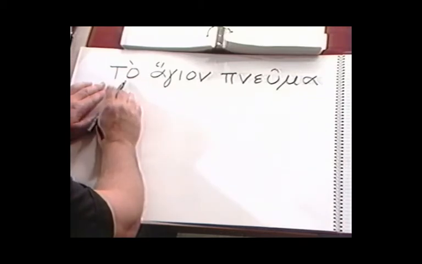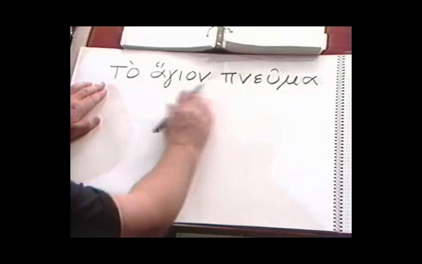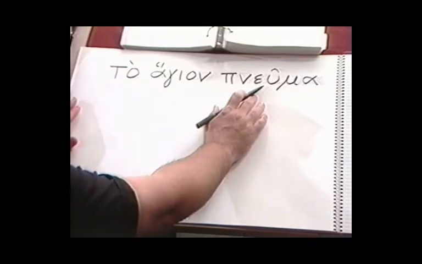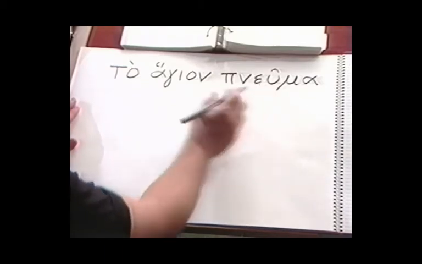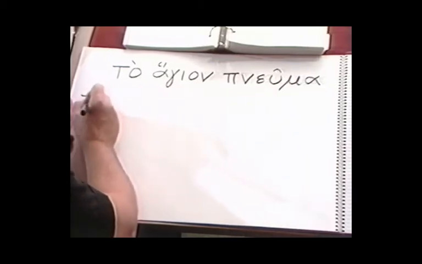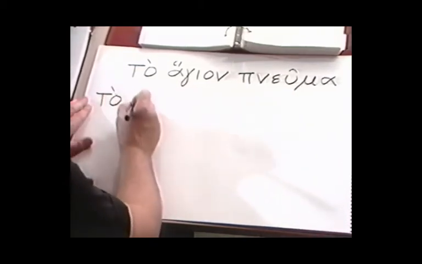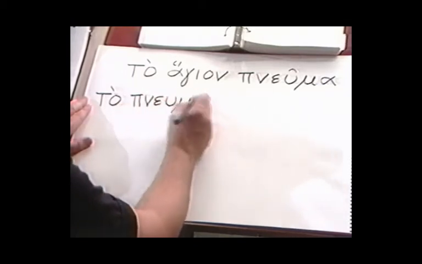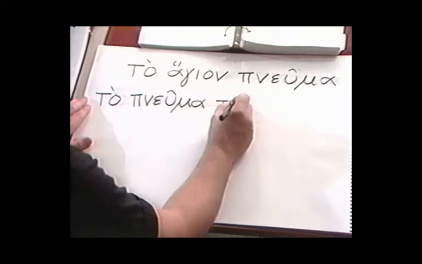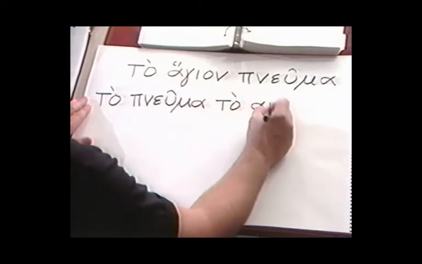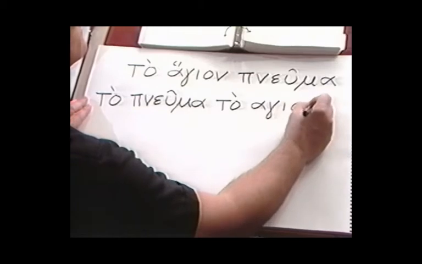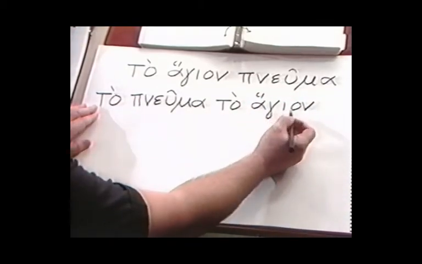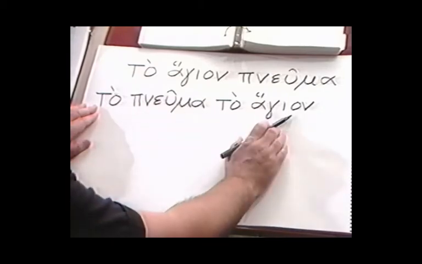We'd have the definite article, the adjective, and then the noun that it's modifying, the Holy Spirit. But Greek can write the adjective in another way. It can write it this way. To pneuma to hagion. Repeat the definite article, and then put the adjective. This also means the Holy Spirit.